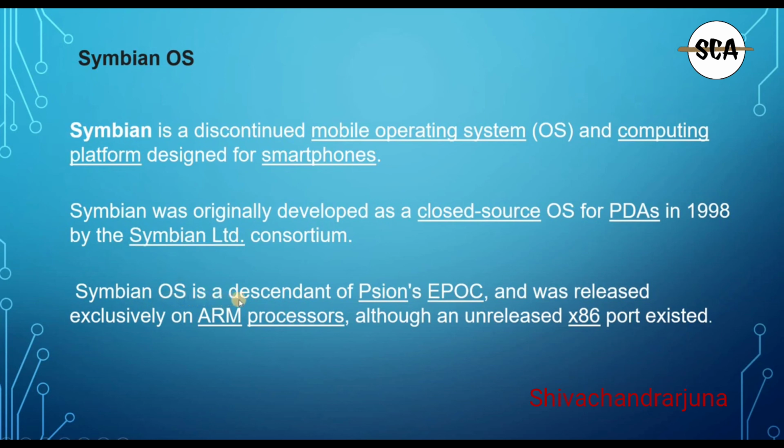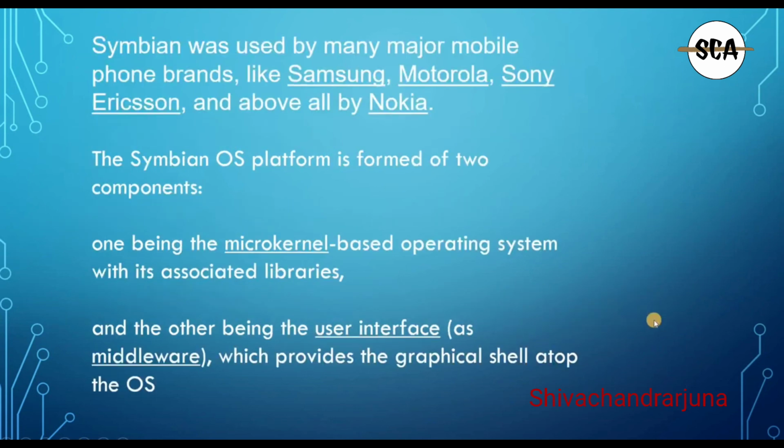Symbian OS is a descendant of Psion EPOC and was released exclusively on ARM processors, although an unreleased x86 port existed here. Symbian was used by many major mobile phone brands like Samsung, Motorola, Sony Ericsson, and above all by Nokia.